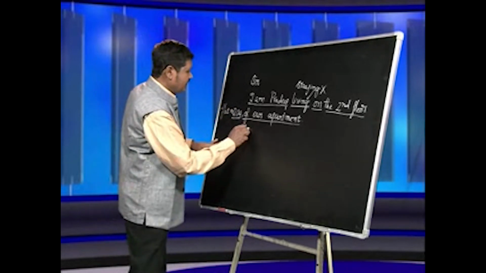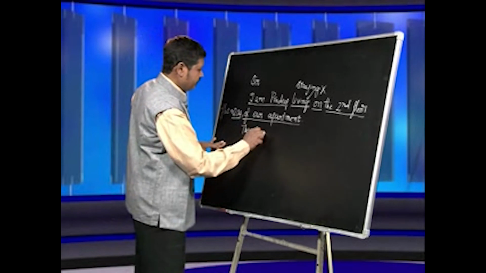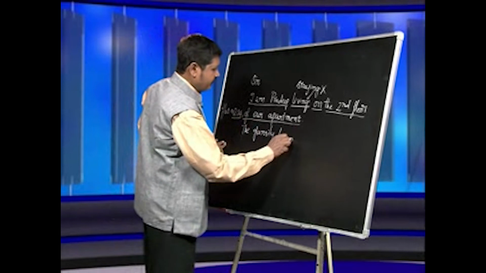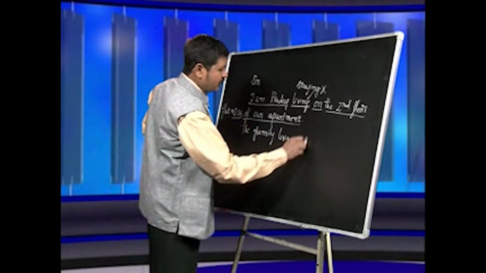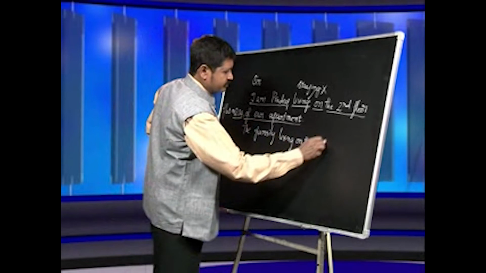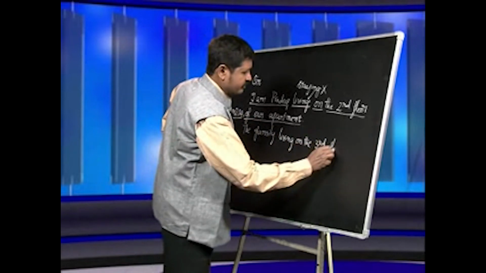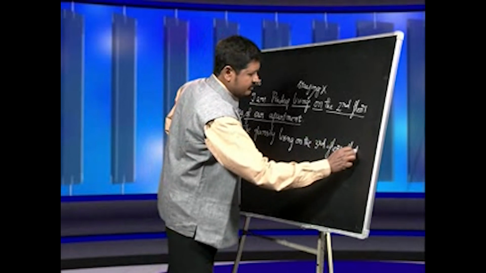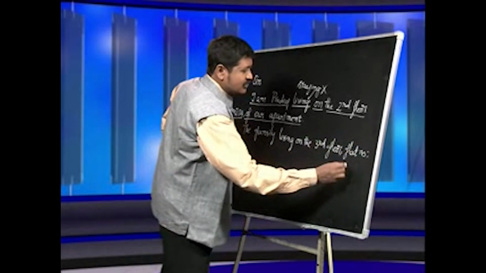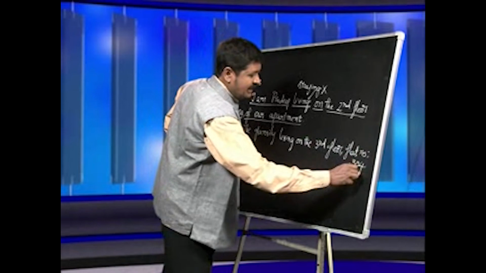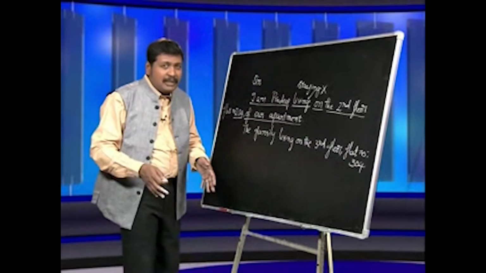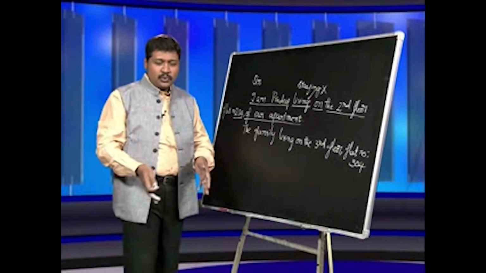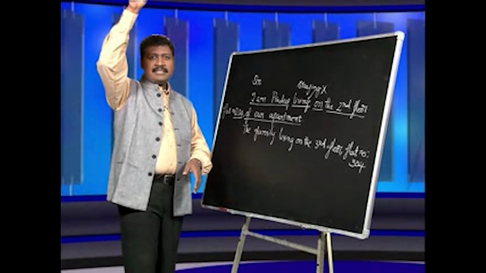The family living on the third floor, flat number 304, that means exactly above the complainant's flat, exactly above this flat. If this is 204 flat, above this flat is 304.